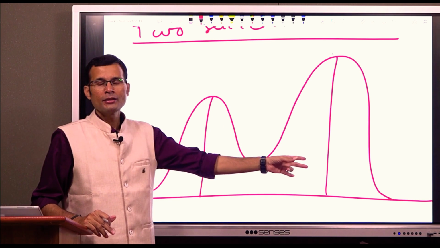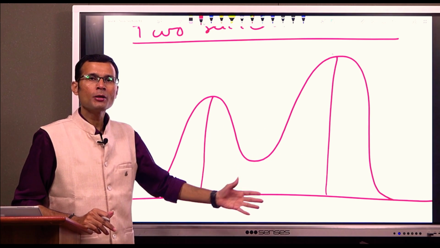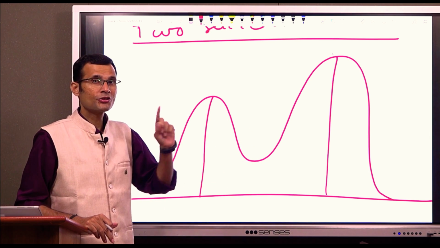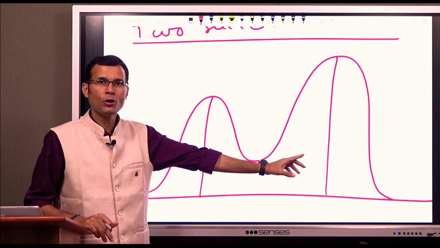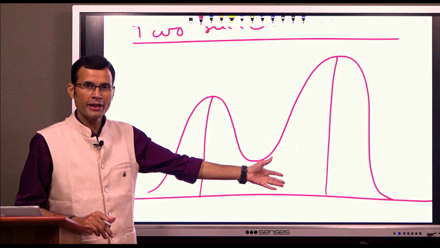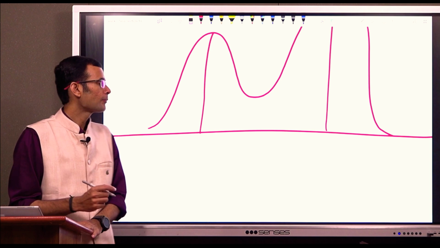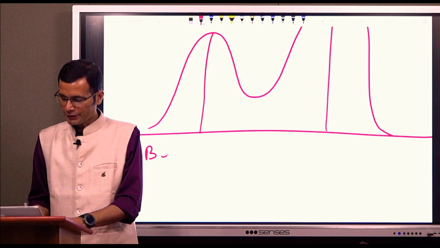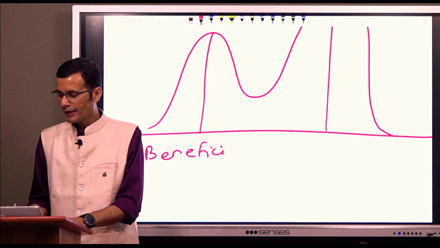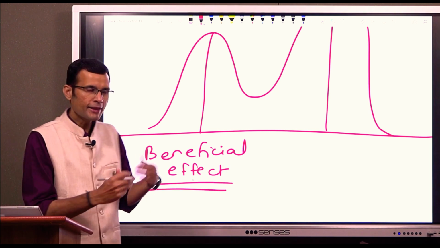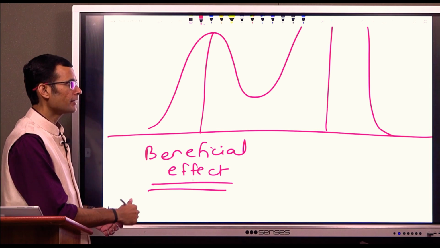The second contraction was stronger by itself automatically. So, strength of contraction increased automatically the second time. Now, this is said to occur because of the beneficial effect.